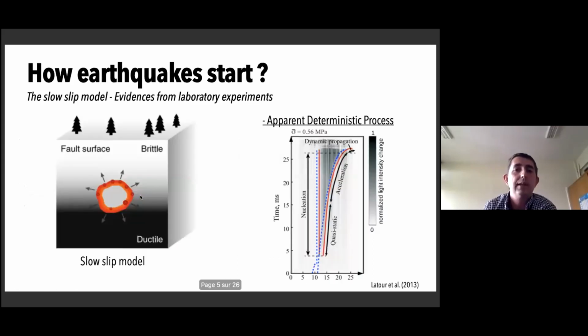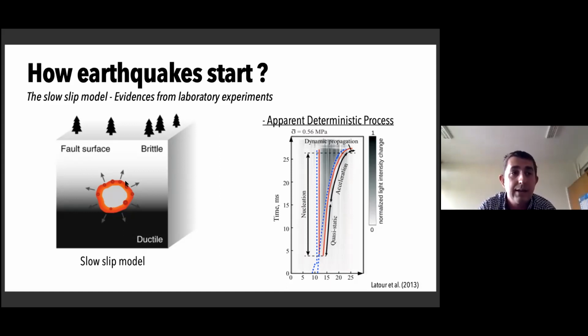Another model that has been proposed, and that has very large evidence from laboratory experiments, is what's called the slow slip model. This is a rather different process, in the sense that here you have a rather progressive acceleration of slip on the fault. You start from one place and there is a patch of slip that is progressively growing and accelerating.